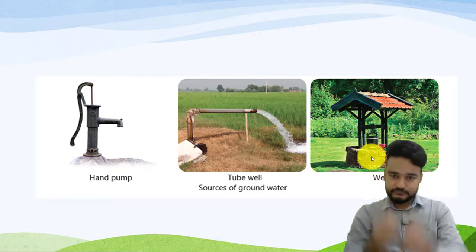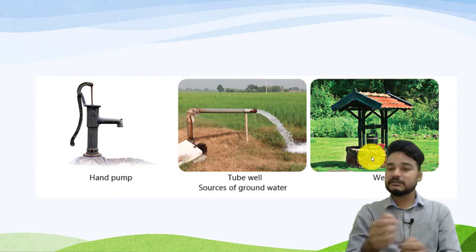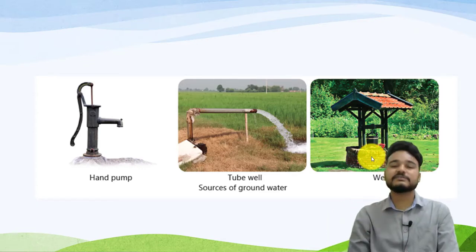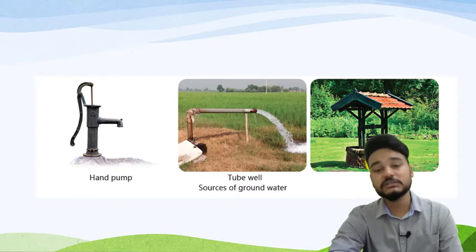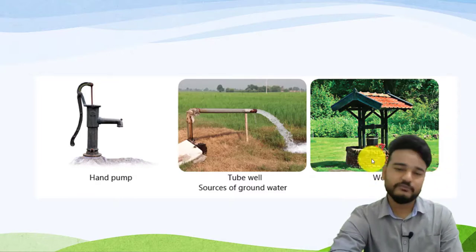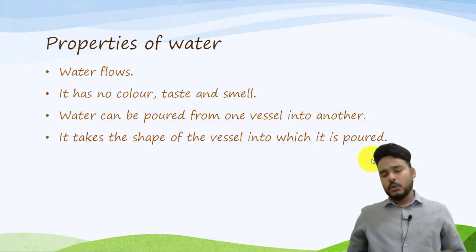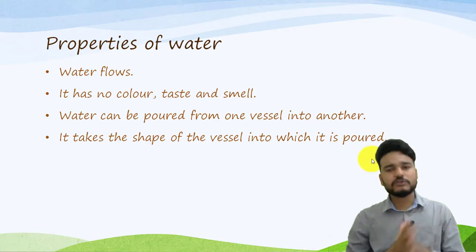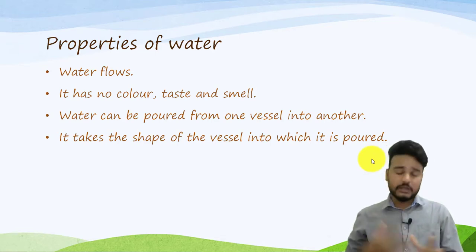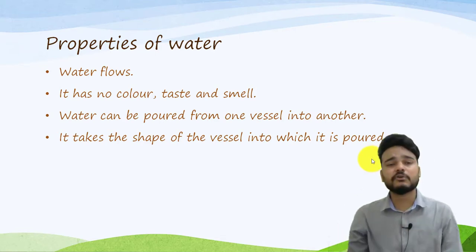In it, using a bucket or something, we take that water out from the ground. Understood? Nice. Now we learnt about the sources of water, the percentage of water present, and how water goes underground.